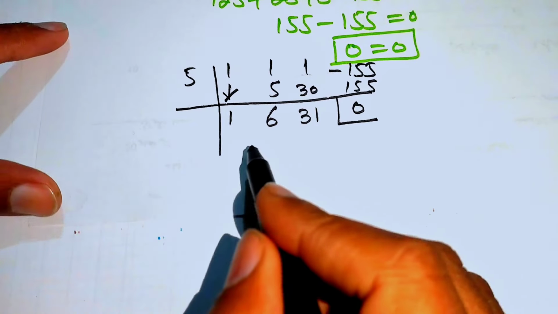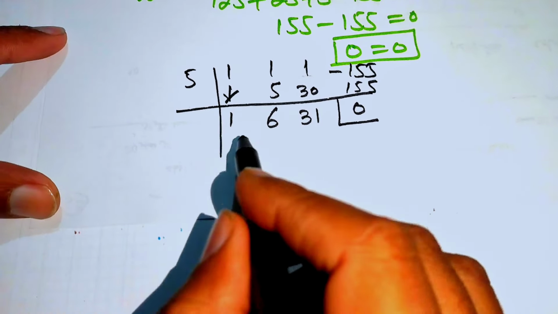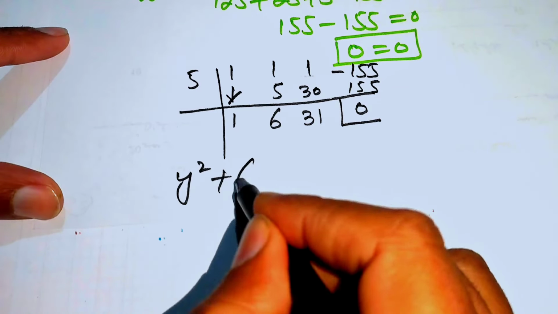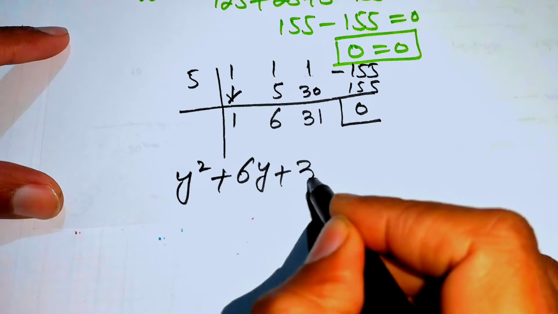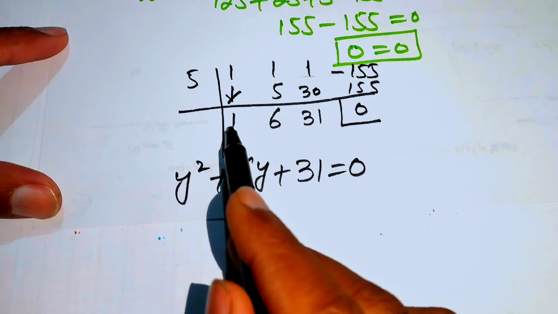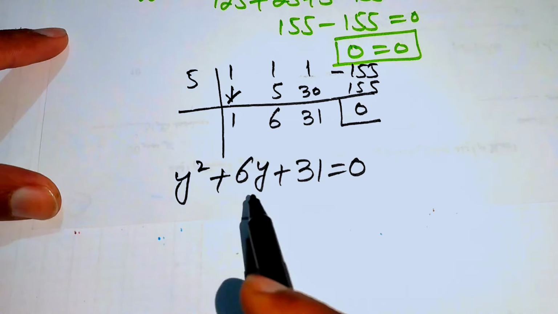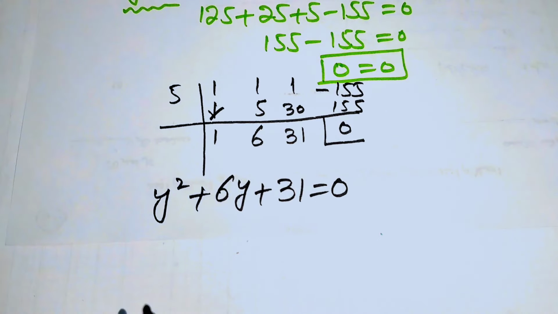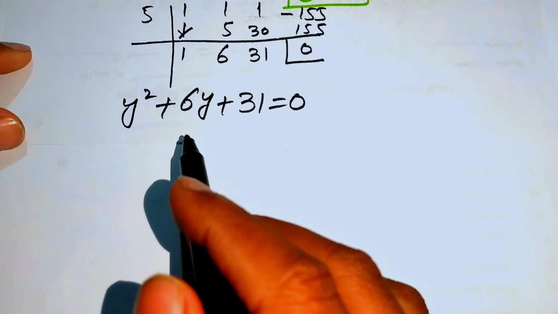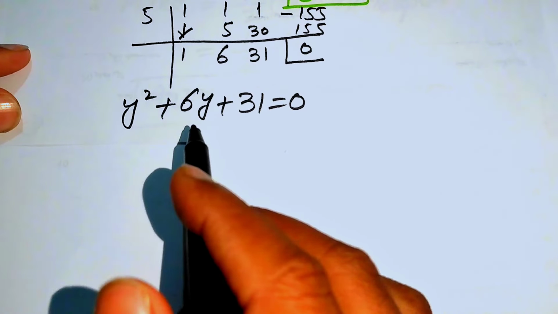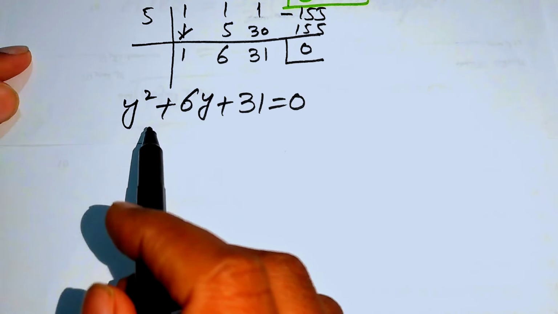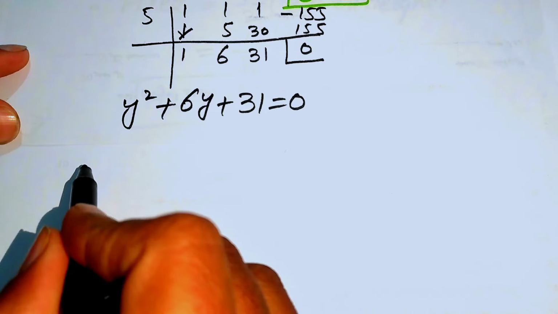Now we can write the depressed equation. Our depressed equation is y squared plus 6y plus 31 equals 0. We can write the quadratic equation from these coefficients, and it is called the depressed equation. Now we move towards solving it. First we check whether this quadratic equation has real roots or not by using the discriminant formula.